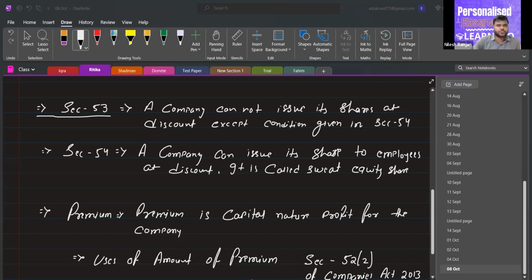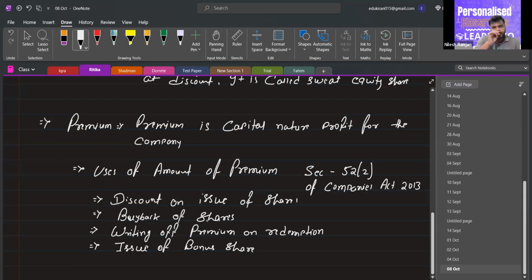So this is our concept of premium, discount, and at par.